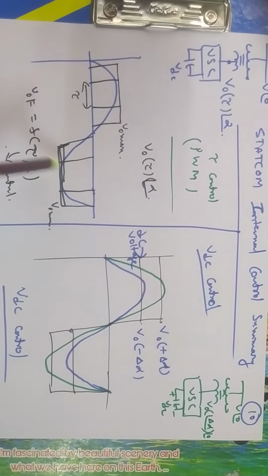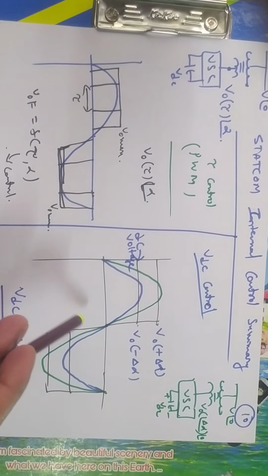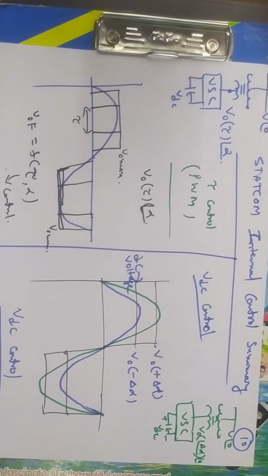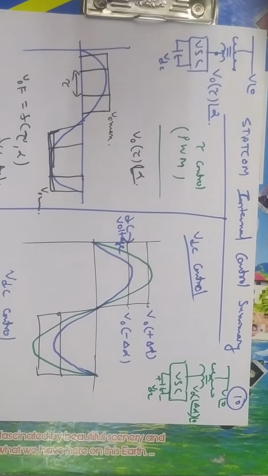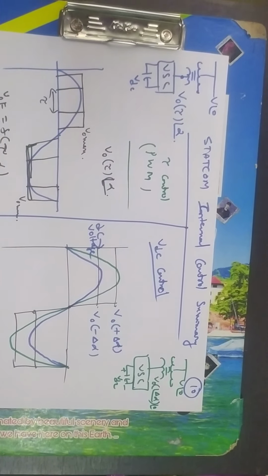In both these controls, we will provide rectifier mode control as well as inverter mode control, like you have already seen in the previous slides. So once again, I will show that.